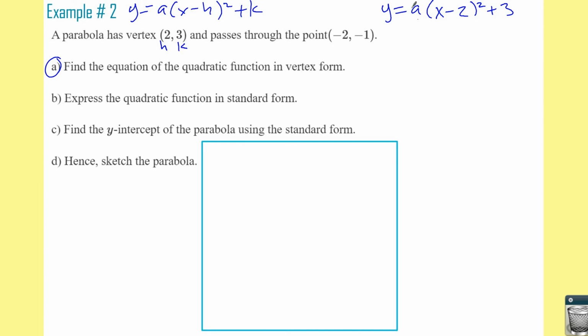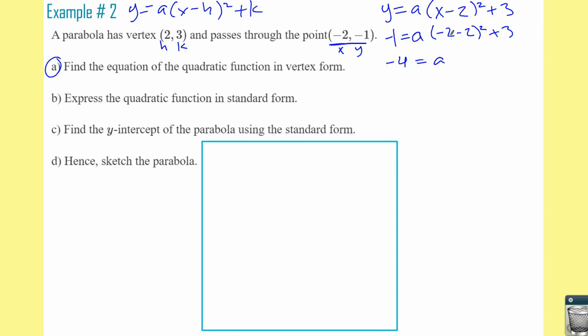Well, I have too many variables. I still don't know what a is. But I also know it goes through this point, so that's going to be an x and a y to help me figure out what a is. I'm going to move that 3 over, so make that -4.